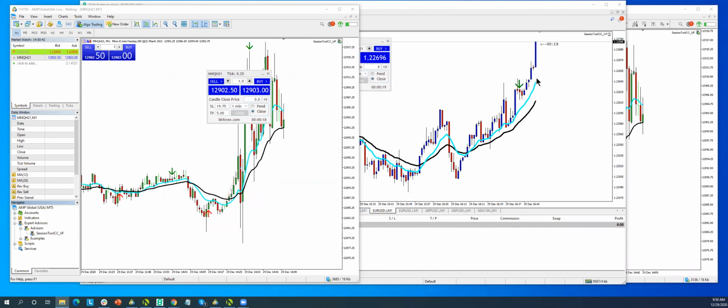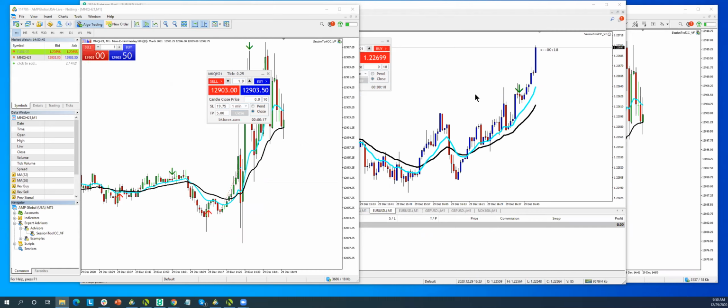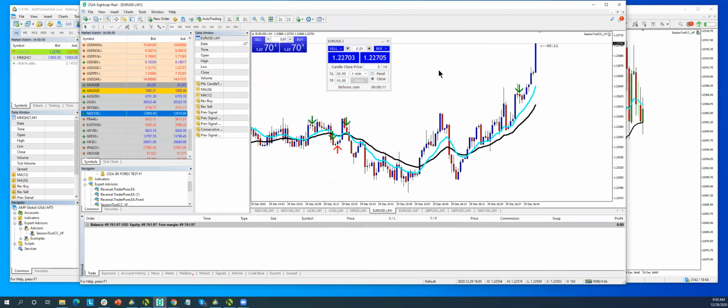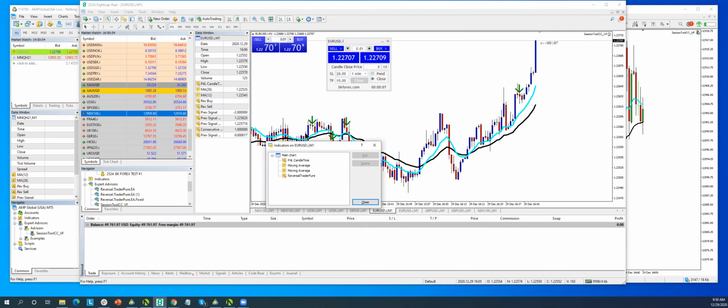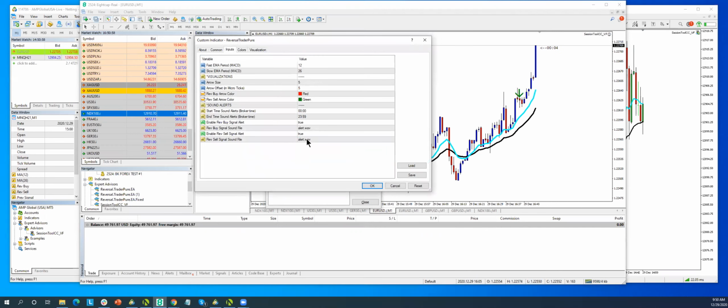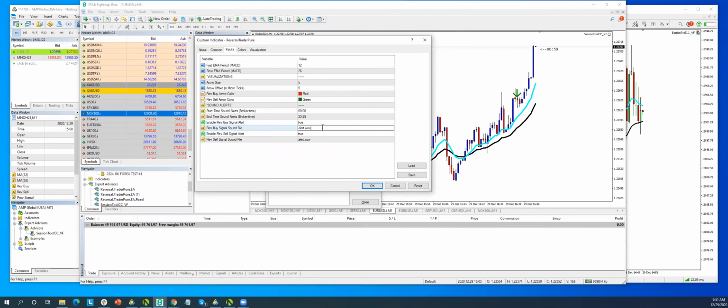Oh, look at what's going on over here. Is this euro? Look at the euro. Euro fully hits. So you want to set, just for argument's sake, edit. You want the buy signals to be news.